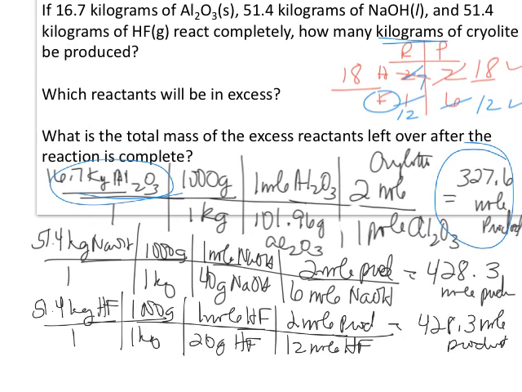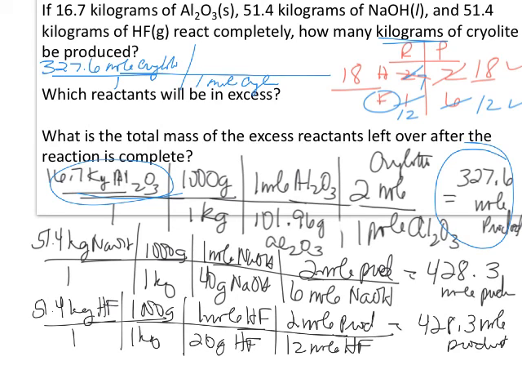And it asks how many kilograms of cryolite will be produced. So you're going to take your limiting reagent, 327.6 mole of cryolite over 1, and for 1 mole of cryolite, we look at the periodic table.